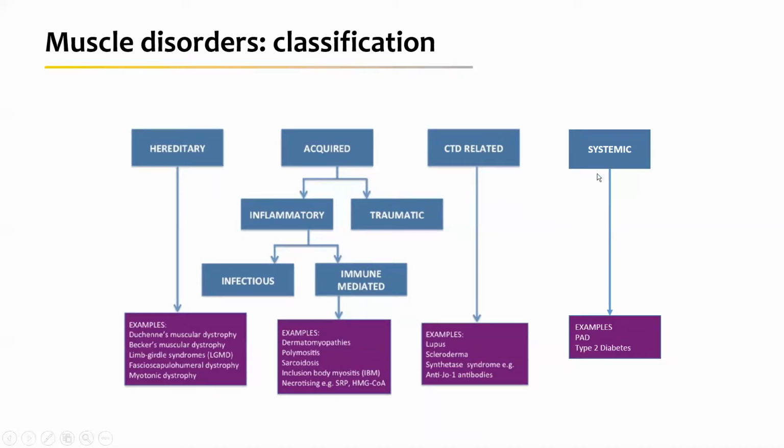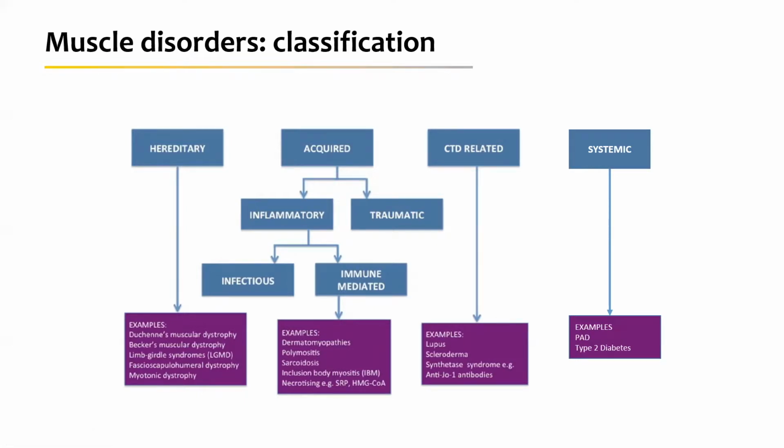Clearly imaging has a role, sometimes a specific role, for all these diseases. It's not the topic of today's webinar. We'll touch a little on the role of imaging in the inflammatory myopathies, where it's particularly important, dermatomyositis, polymyositis, and so forth. But we shall mainly focus on the hereditary muscle or neuromuscular conditions.